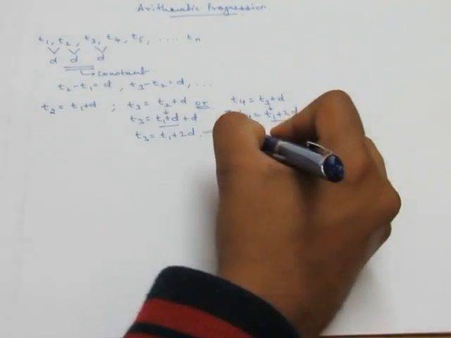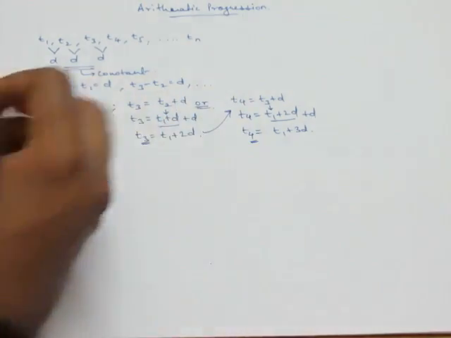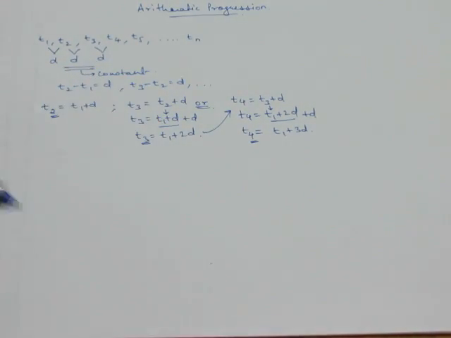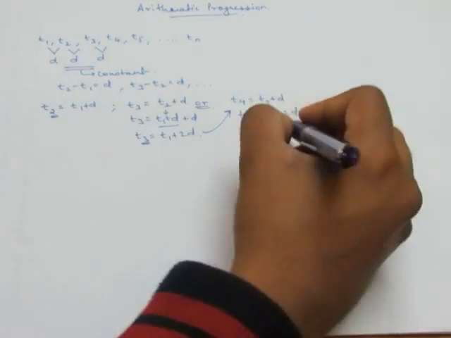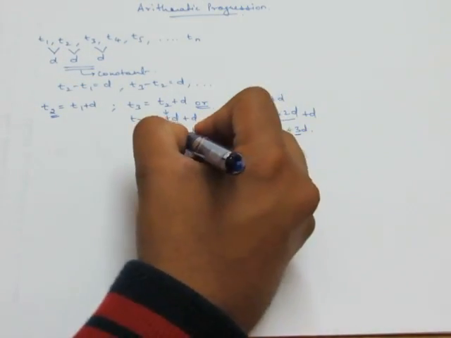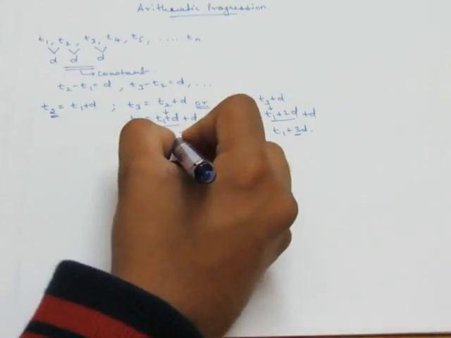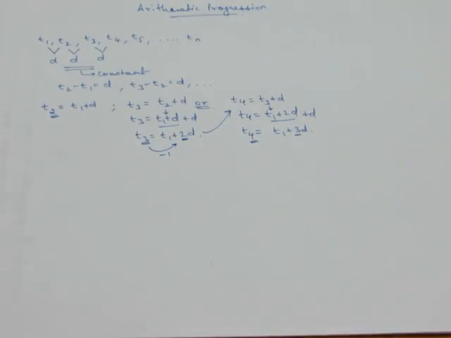You see the subscript here, 2, 3 and 4, and you see the coefficient of D. If it is 3, we get 3 minus 1 as 2.